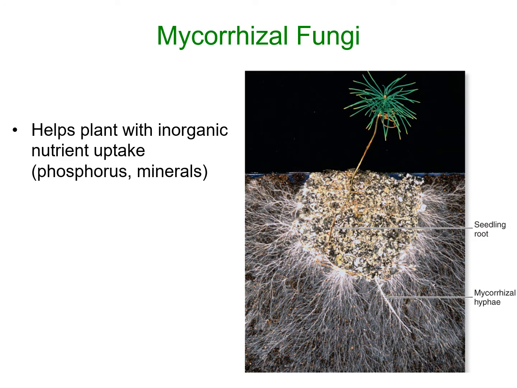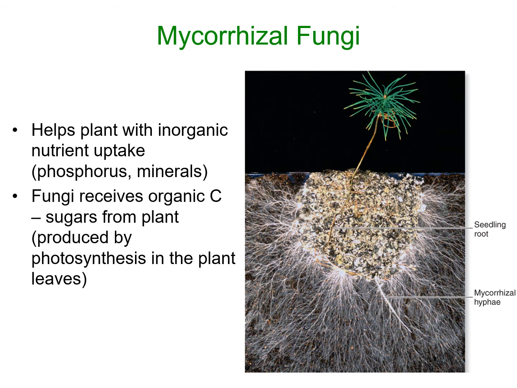You might remember that fungi are really good at taking up nutrients, especially things like phosphorus and other minerals, and they take up these inorganic nutrients and essentially shunt them through the hyphae to the plant roots. In exchange for this, the fungus receives organic carbon or sugars that have been made in the green part of the plant, in the leaves, through photosynthesis, and then transported down through the stem via the phloem, and then out to all of the little roots.